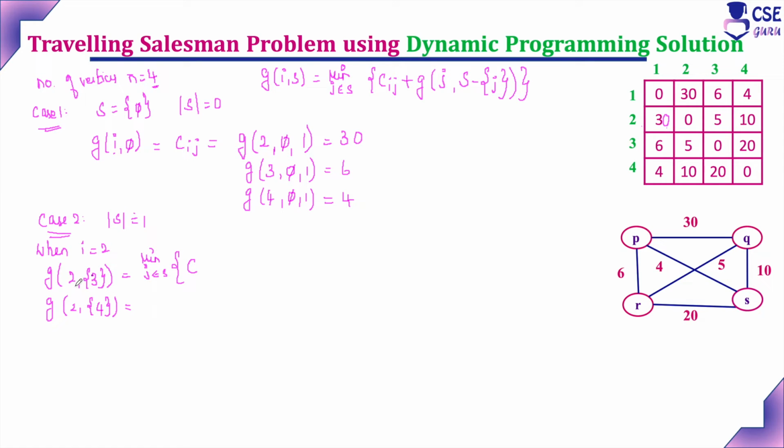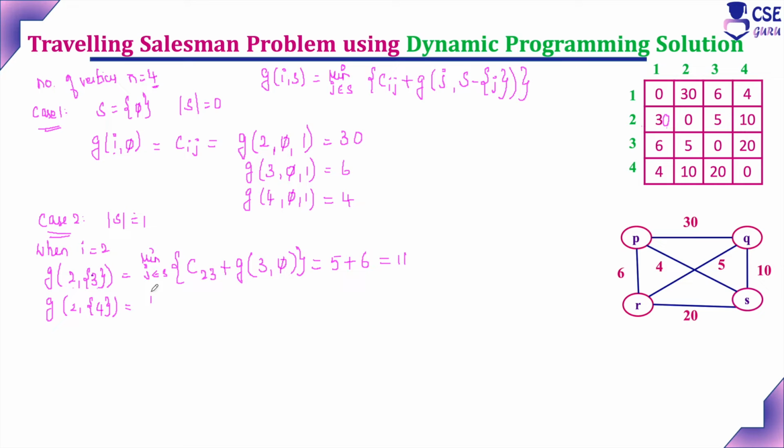So I is nothing but 2. And after visiting 2, he has to visit one more city, 3. So C23 plus G of, after visiting the third city, there is no other city to be visited. That's why 3 comma empty set. Okay. So C23, 2 to 3 cost is 5 plus G of 3 comma empty set. 3 comma empty set value is 6. So he will get 11.